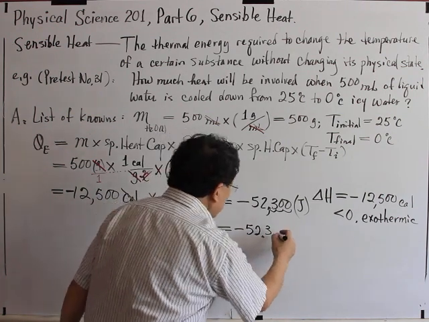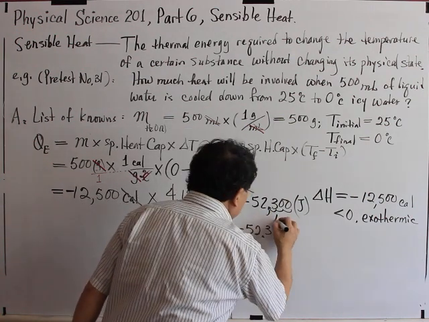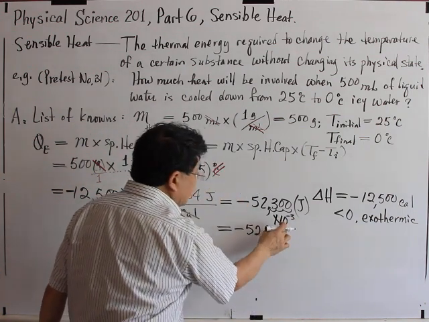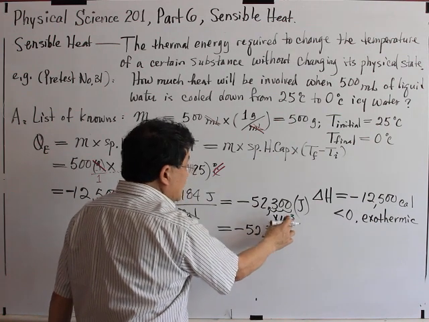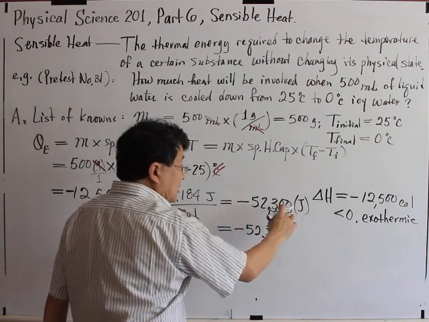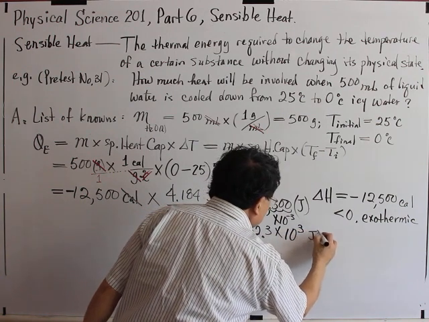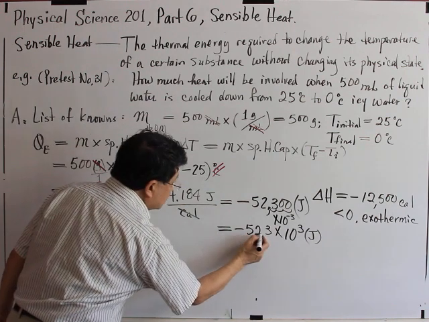You move the decimal to the left, so you did the operation of multiplying by 10 to the minus 3, and then you have to compensate by multiplying by 10 to the 3 to keep the original value intact. So it is going to be 10 to the 3rd Joule. Alright, clear?